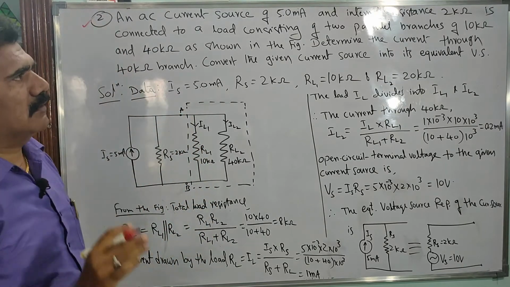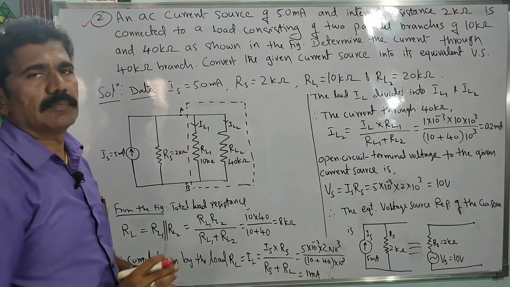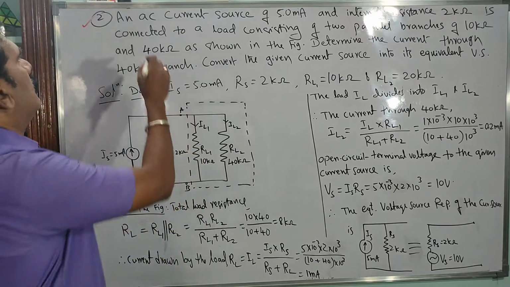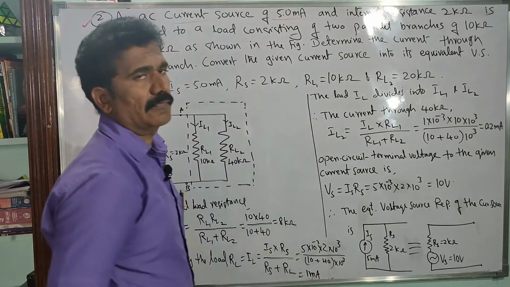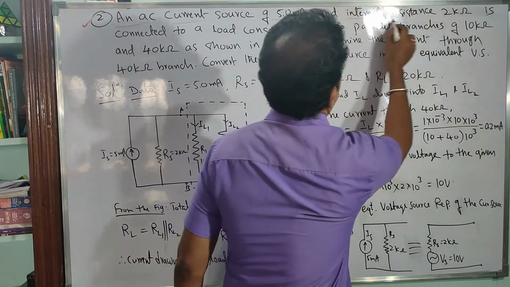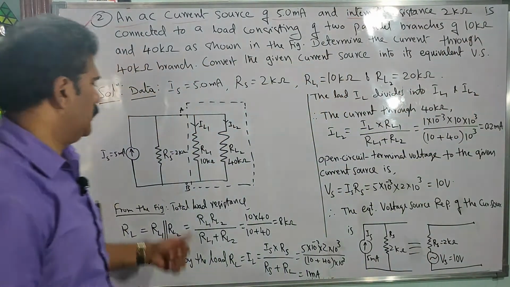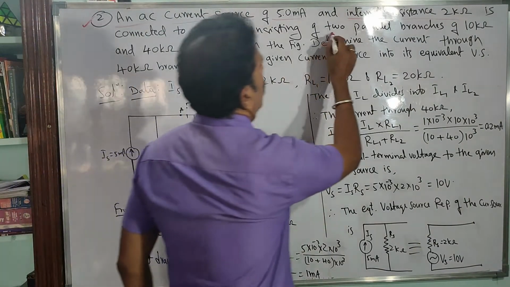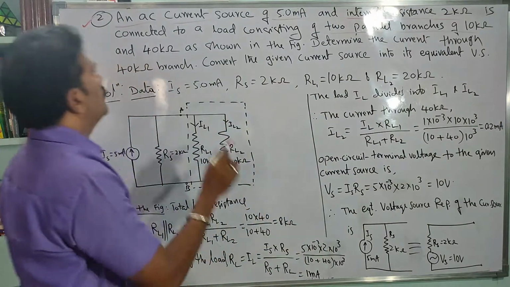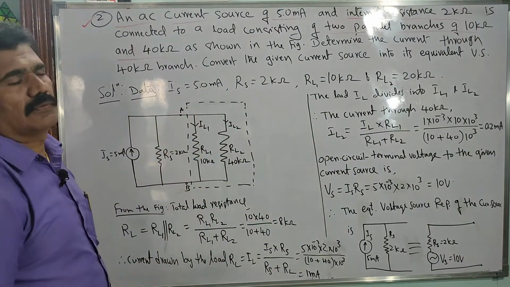Please pause the video and note down the problem clearly first. In this problem, an AC current source of 5 milliamperes and internal resistance of 2 kilo ohms is connected to a load consisting of 2 parallel branches, 10 kilo ohms and 40 kilo ohms, as shown in the figure.